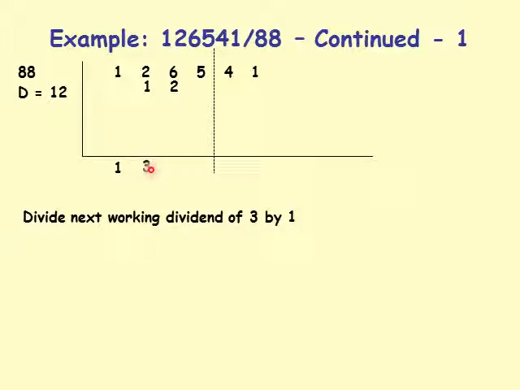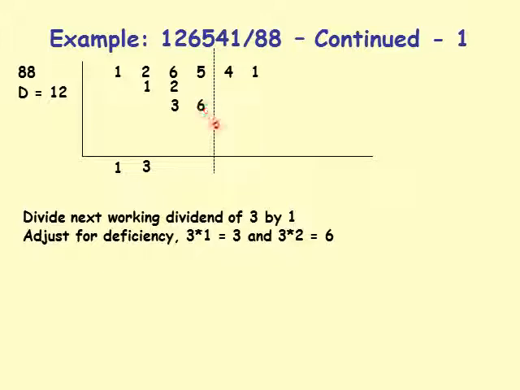Now we have to make an adjustment because of the deficiency here. 3 times 1 is 3, and 3 times 2 is 6. So I got 3 here, and I got 6 here. The next dividend position is 6 plus 2 plus 3, which is 11.